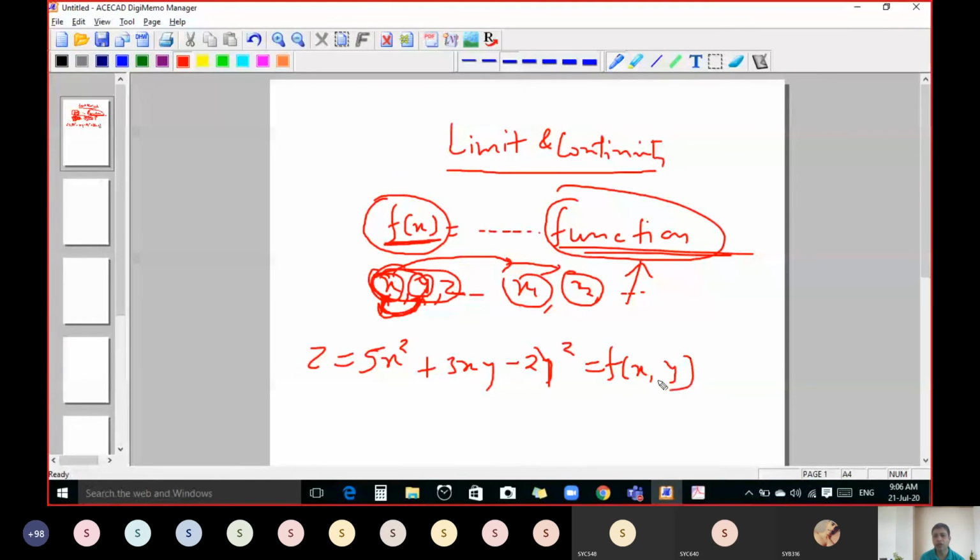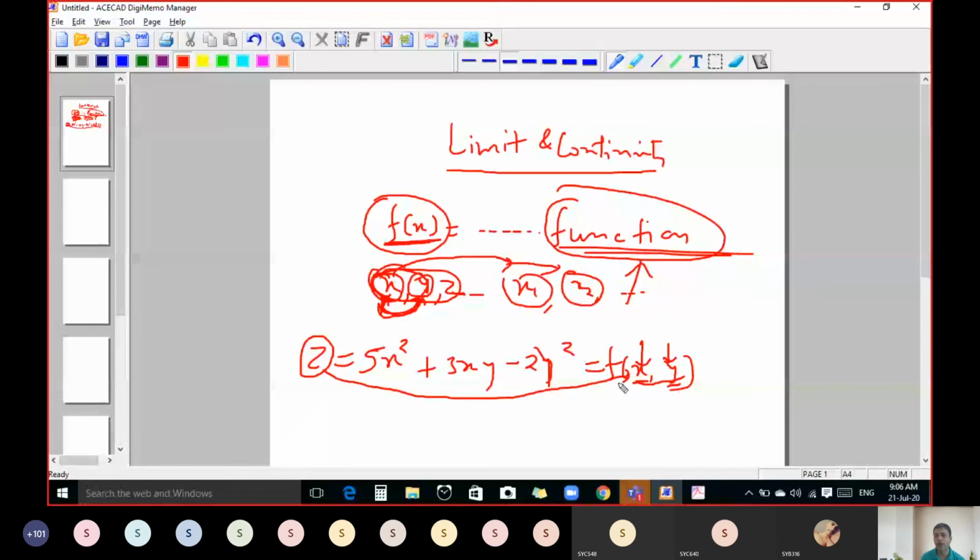Here you can say that x is rainfall, y is, let us say, fertilizer. So by using these two variables, we are able to get the answer of a third variable, let us say yield of crop. So yield of crop depends on two variables x and y.